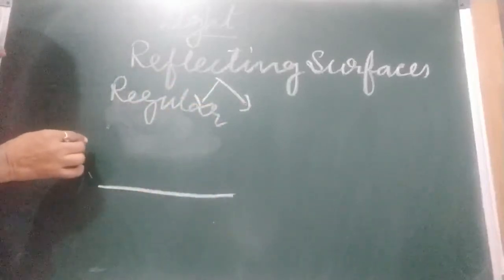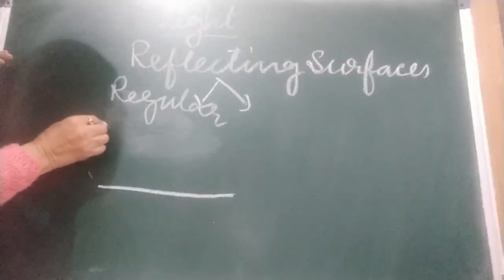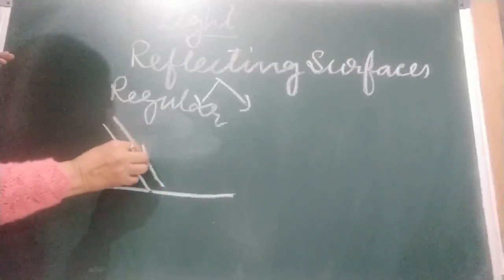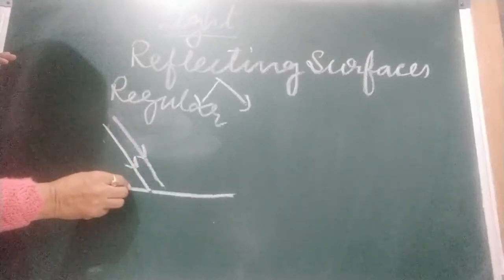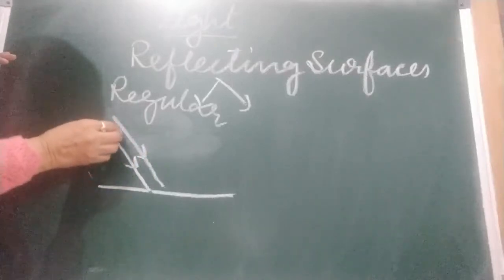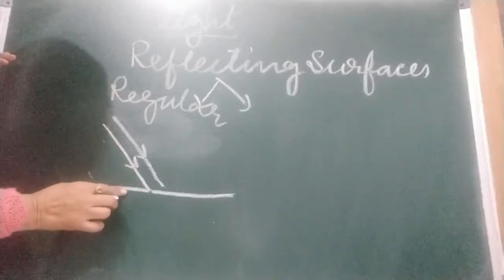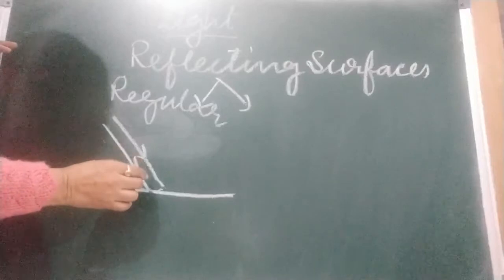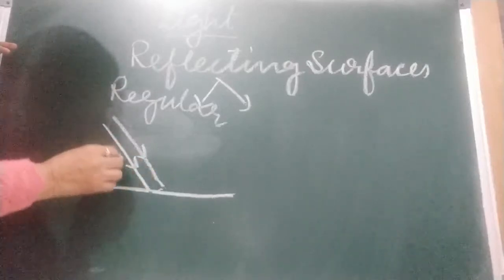A regular surface reflects a parallel beam. This is a parallel beam. The rays which are coming parallelly are called a parallel beam. So this is a regular surface, meaning smooth. It reflects a parallel beam of light incident on it. These are incident rays.